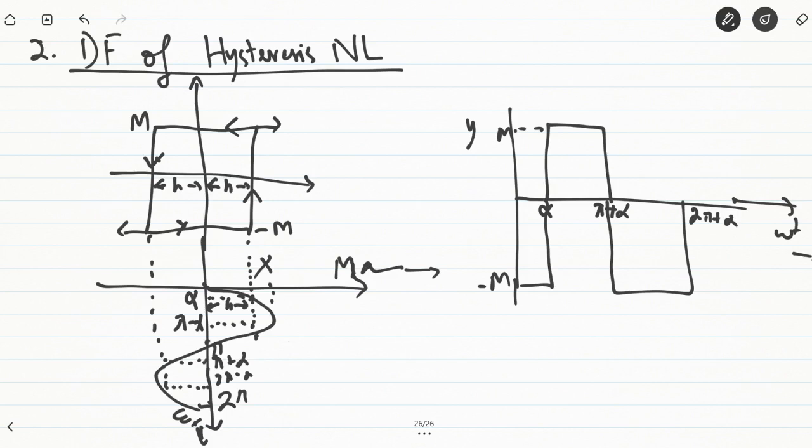From minus h back to h, the output will again have the value minus m.